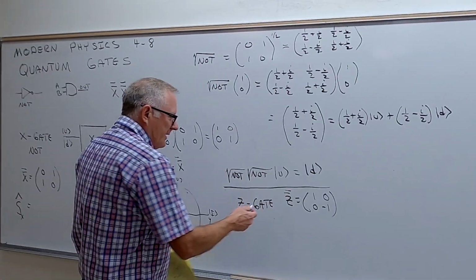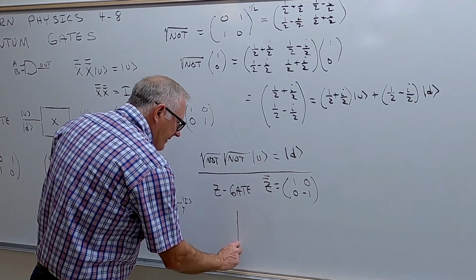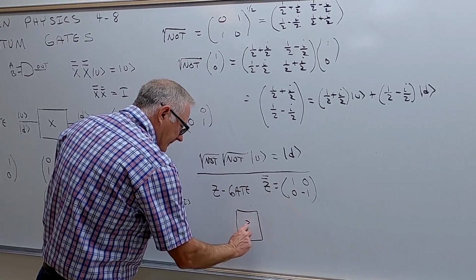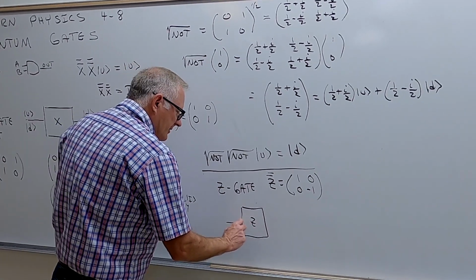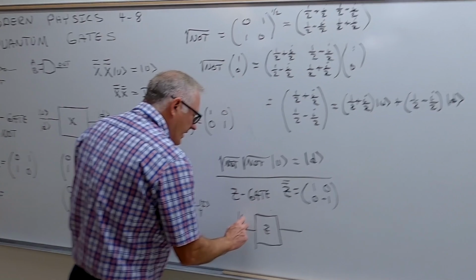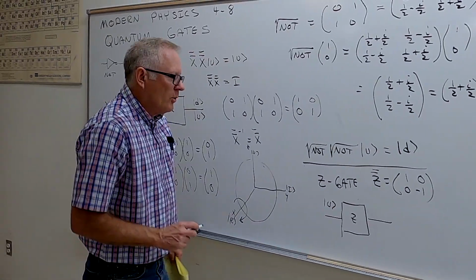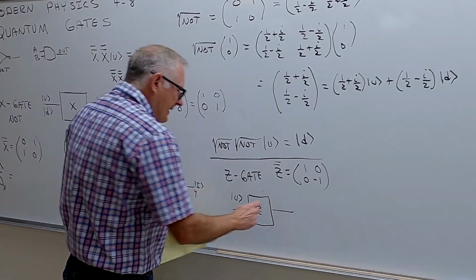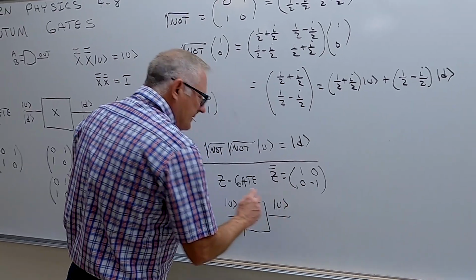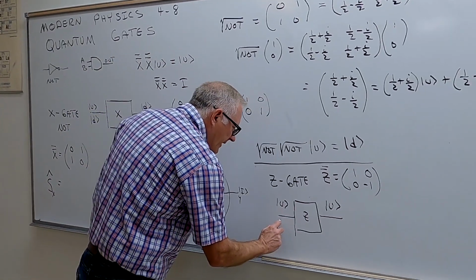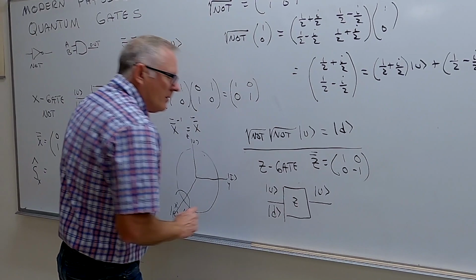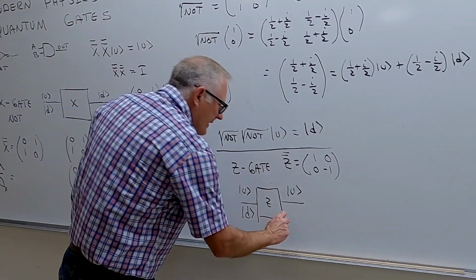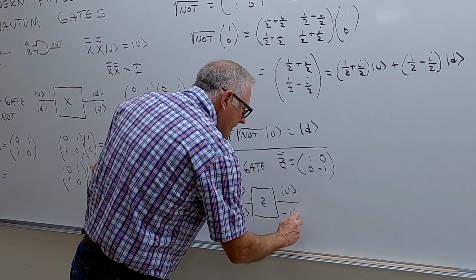Okay, so what does the Z gate do? Here's your input and here's your output. If you put in an up, what you get out is the up. It doesn't do anything to ups. If you put in a down, what that gives you is minus down.